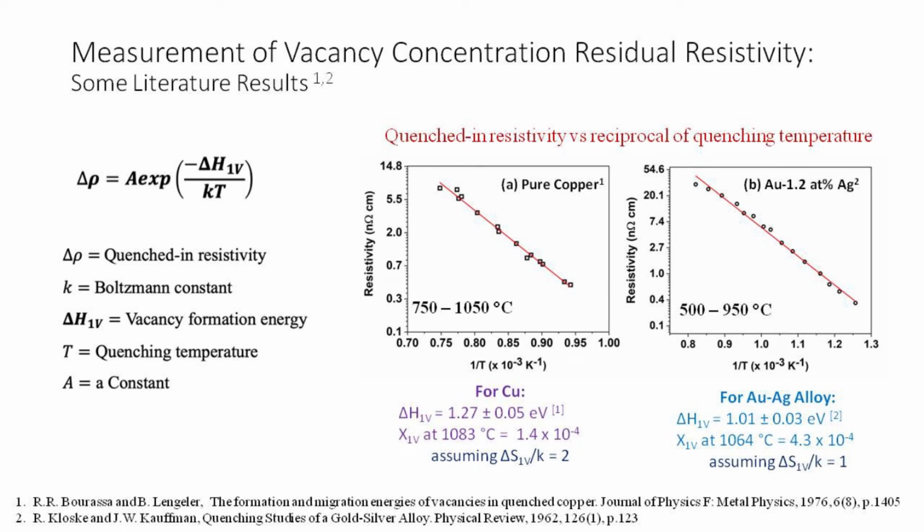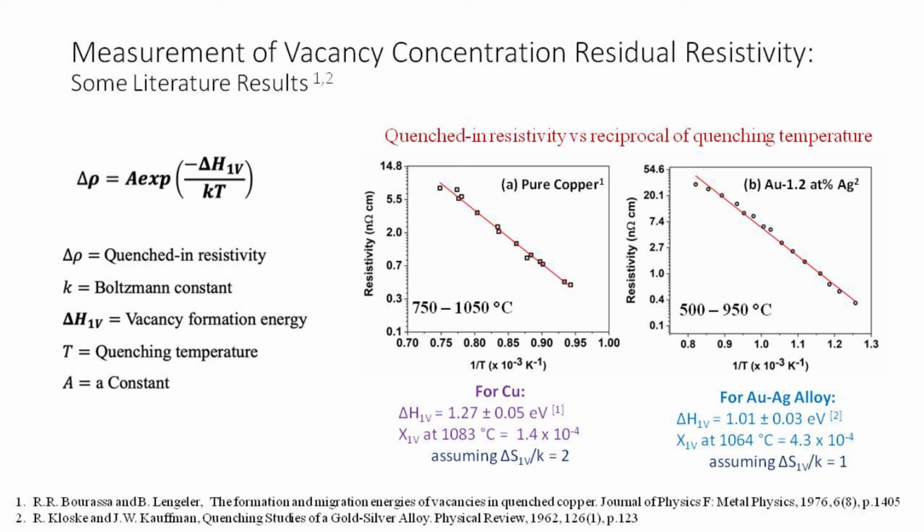You can see a nice straight line fit is obtained, and they measured delta H 1 v to be 1.27 electron volt for copper. With this, if we determine x 1 v at the melting temperature of copper, it comes out to be around 1.4 times 10 to the power minus 4. If we take delta S 1 v to be 2 kb, again delta S 1 v cannot be measured by this technique. This is just what I have taken from other data.